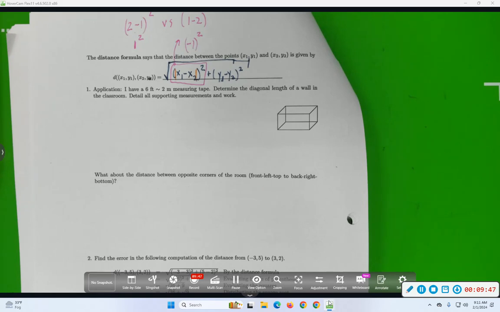We should go to the back row because it'll be hard to measure exactly. You want to just go to that corner? The first goal is to pick two corners on the same wall, or the two ceiling corners.